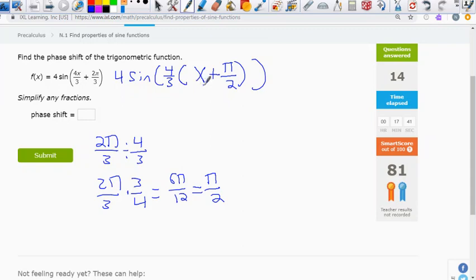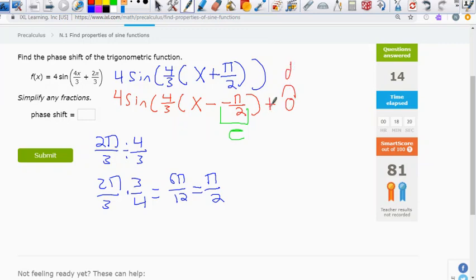So now that we've factored it out and found our sine equation, if we have it in actual sine form, we will have 4 times the sine of 4/3 x minus negative pi over 2. That's going to be our c value. Plus 0. That's our d value.